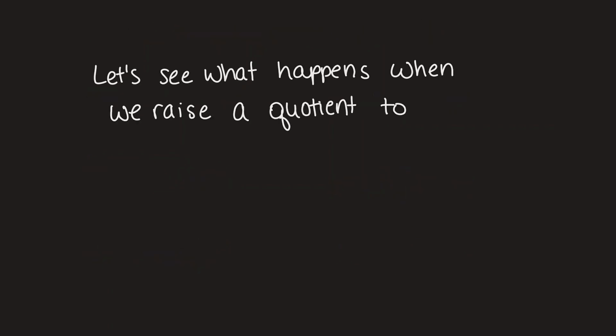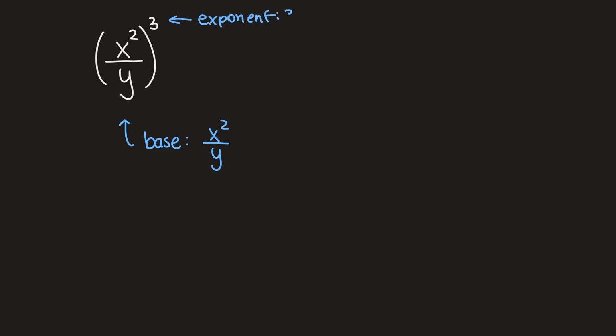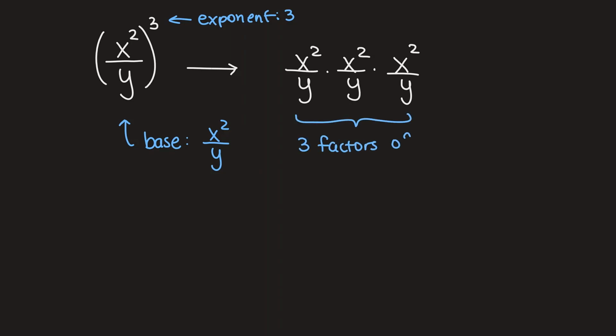Okay, now let's see what happens when we raise a quotient by a power. Suppose we have a quotient like x squared over y raised to a power. Our base is x squared over y, and the exponent is 3. Using the definition of an exponent, we have 3 factors of our base, x squared over y.